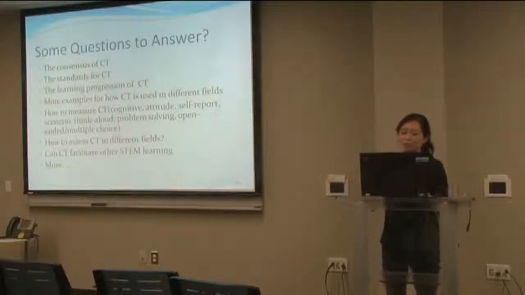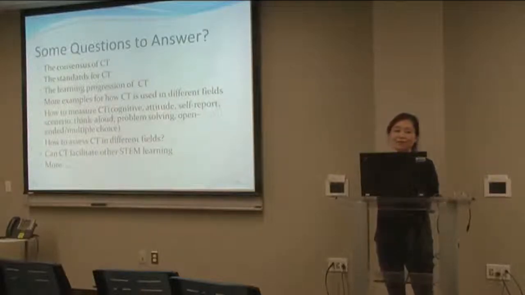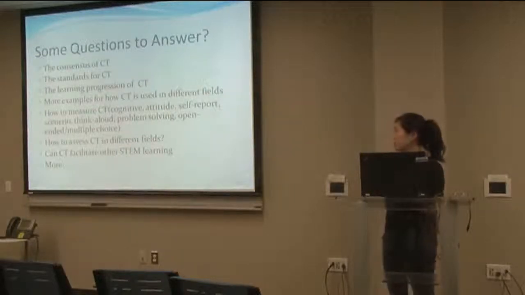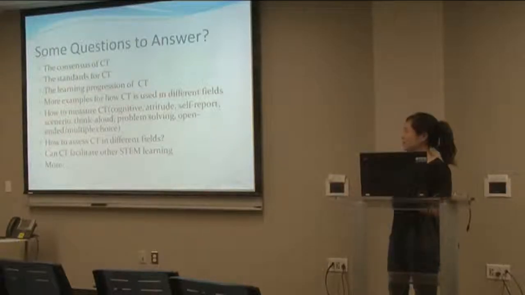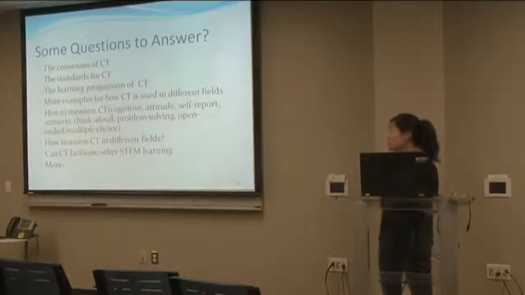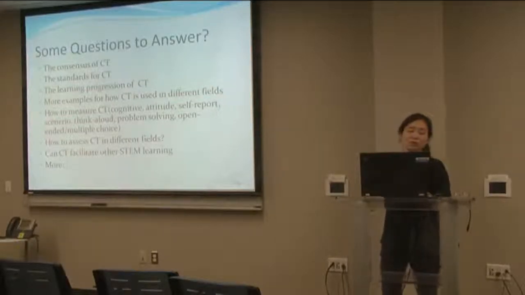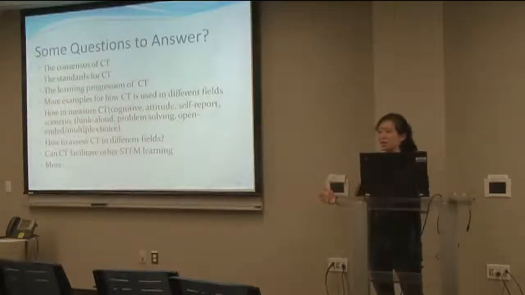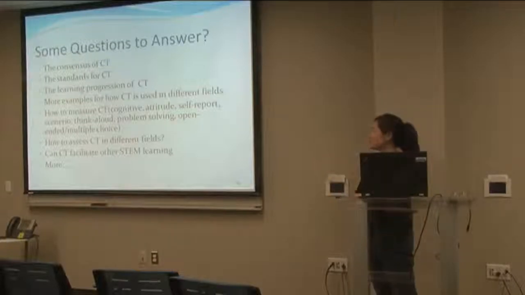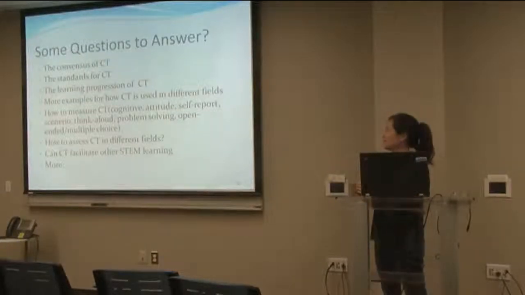One of my students is working on a literature review on CT assessment, which we hope will organize the literature we have so far, and the standard for CT and learning progression of CT for different grade levels and age levels: what kind of CT skills we expect them to achieve, from toddlers onward, and what exactly they should be able to do at a certain age.